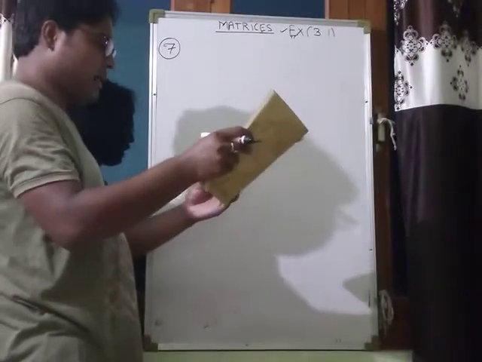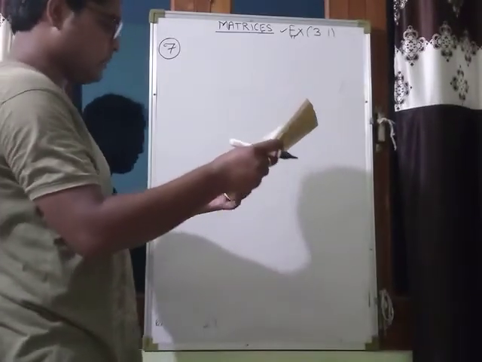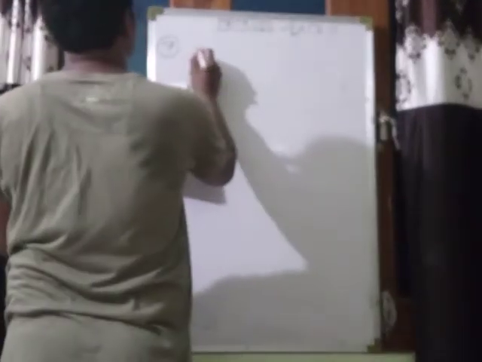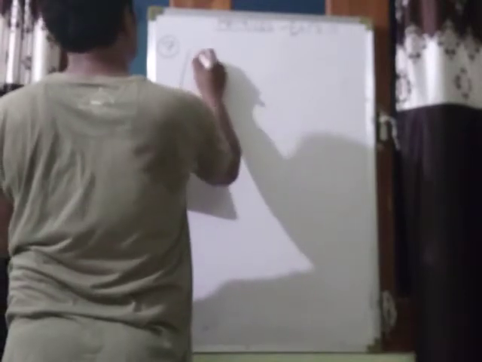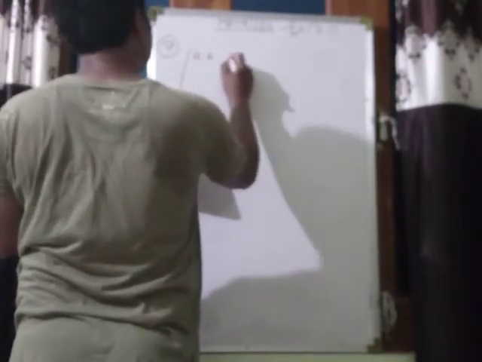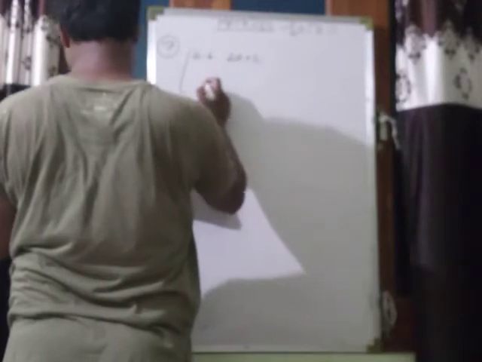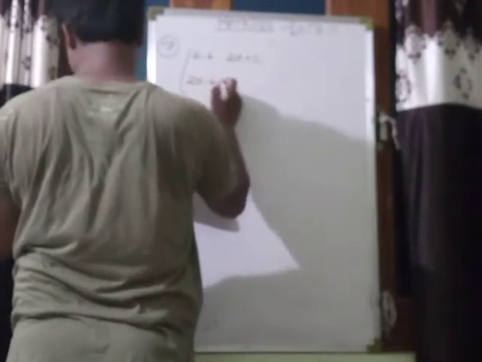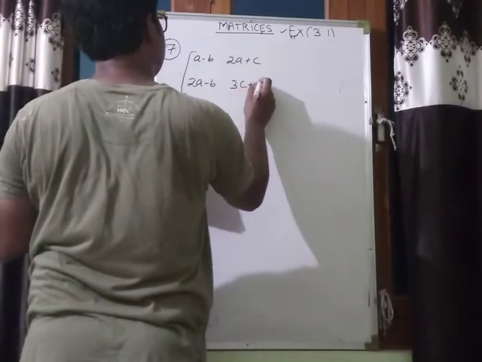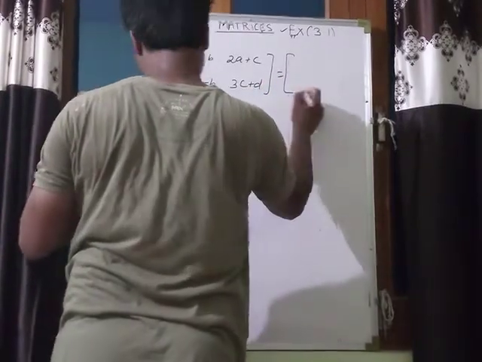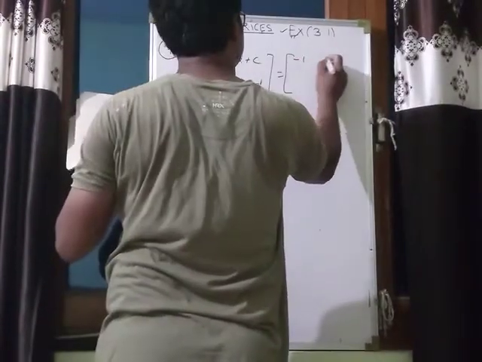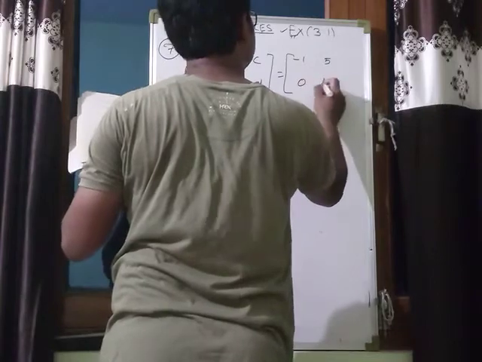Question number 7 is: find the value of a, b, c and d from the given equation. This is the matrix with entries a minus b, 2a plus c in the first row, and 2a minus b, 3c plus d in the second row, and this matrix is equal to the matrix minus 1, 5, 0, 13.